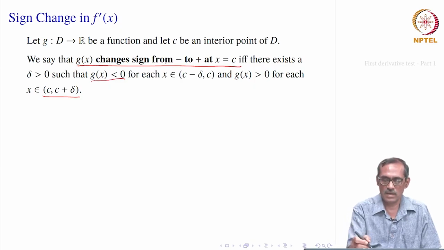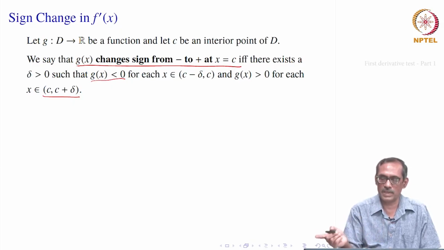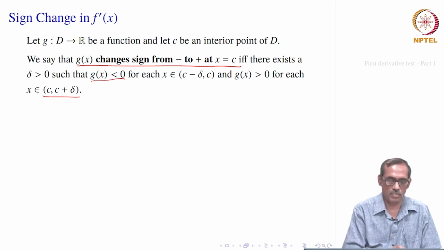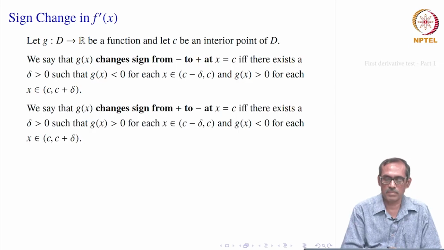So, that is clear why we say it changes sign from minus to plus. On the left of it is minus, on the right of it is plus. Of course, at x equal to c it is 0; if g is continuous it has to be, because of the intermediate value theorem.